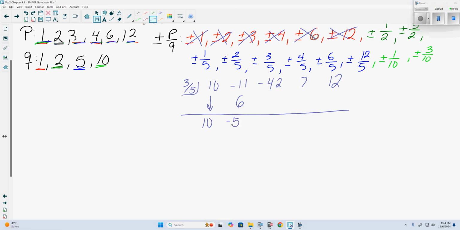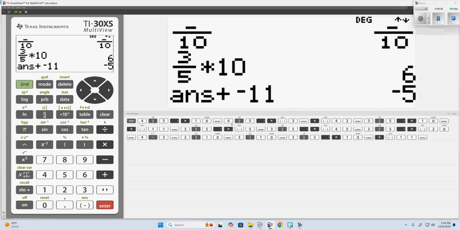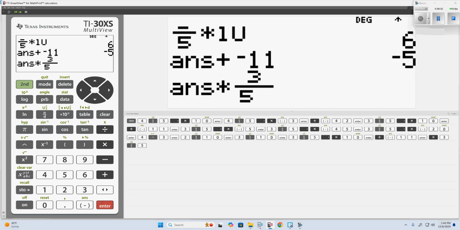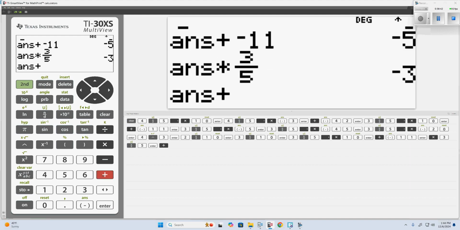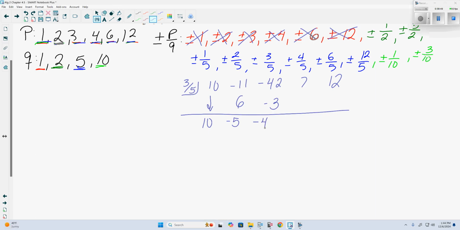And then what do we do next? We multiply by 3/5, which is -3. Then we add what to it? -42, yes? Plus -42 is -45. Then what do we multiply this by? 3/5.